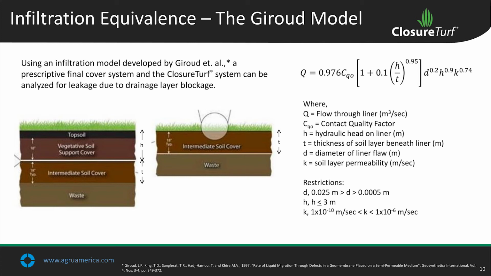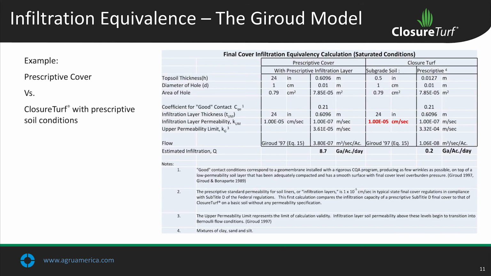And there you will find this equation in this particular paper, where Q is the flow through the liner, CQO is the contact quality factor, which I'll explain in a minute, H is the hydraulic head on the liner, T is the thickness of soil layer beneath the liner, D is the diameter of the liner flaw, and then K is the soil layer permeability, all in metric units as shown.